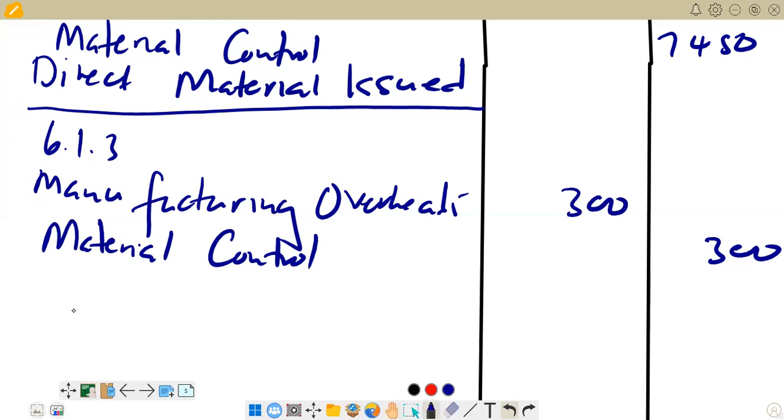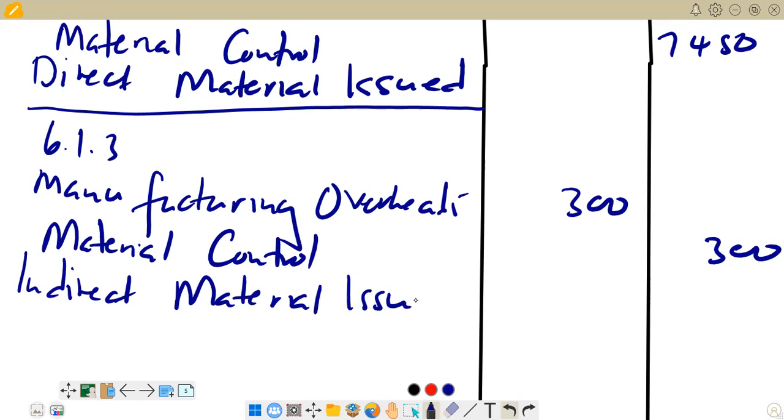And then we make a narration that this is indirect material issued. Then we go to 6.1.4.